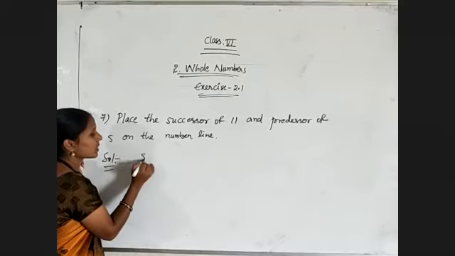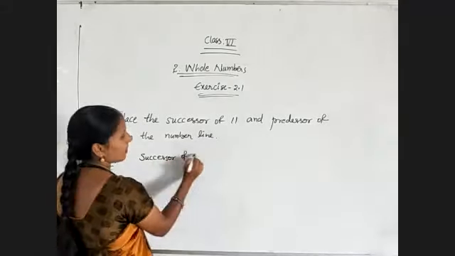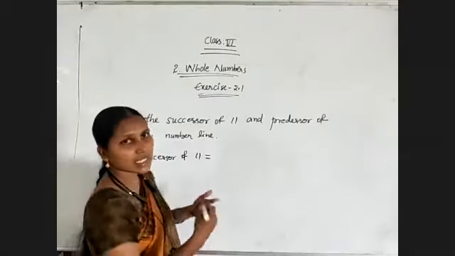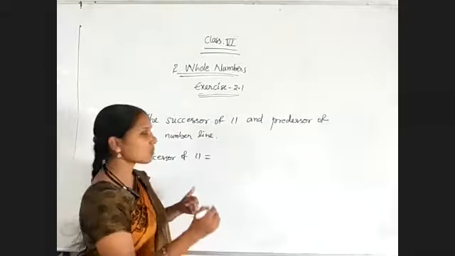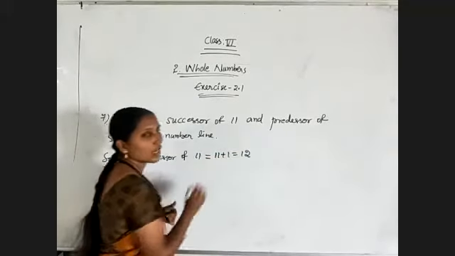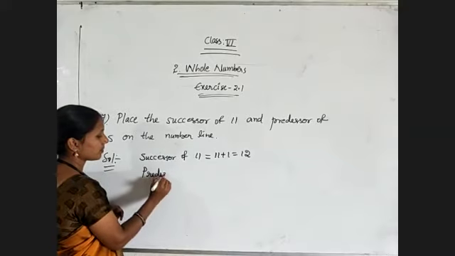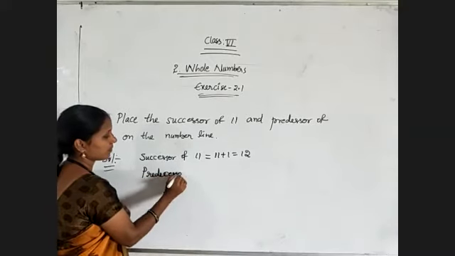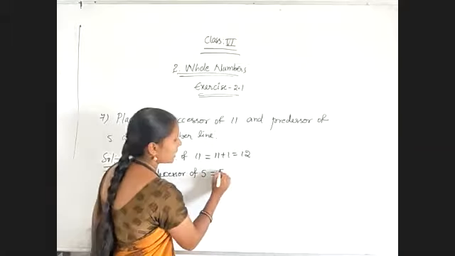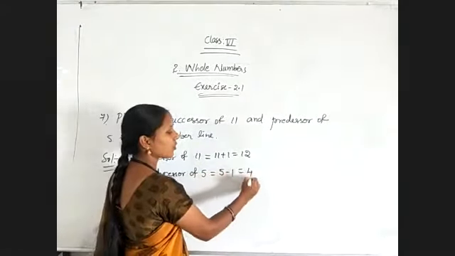What is the successor of 11? Successor of 11 is equal to just the next number, that is 11 plus 1, which is equal to 12. And predecessor of 5 is nothing but the number just before, that is minus 1. So 4.